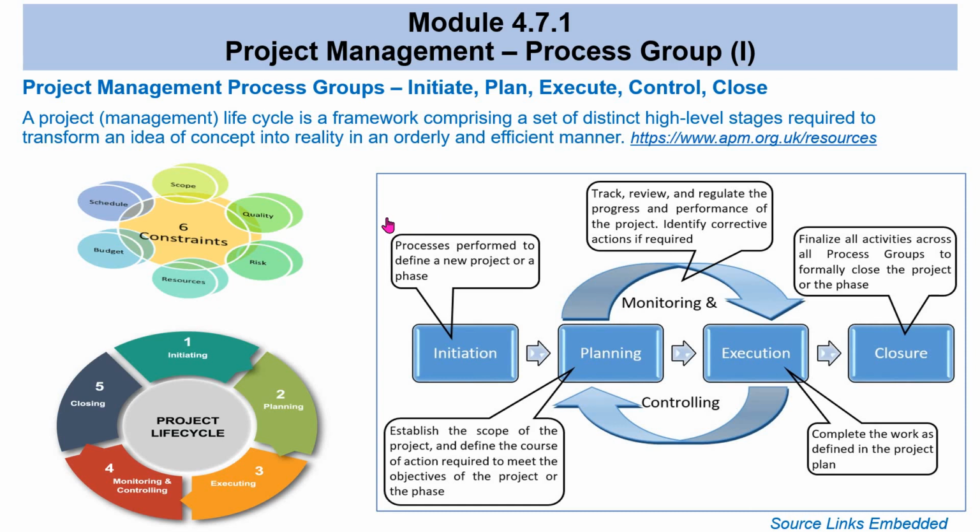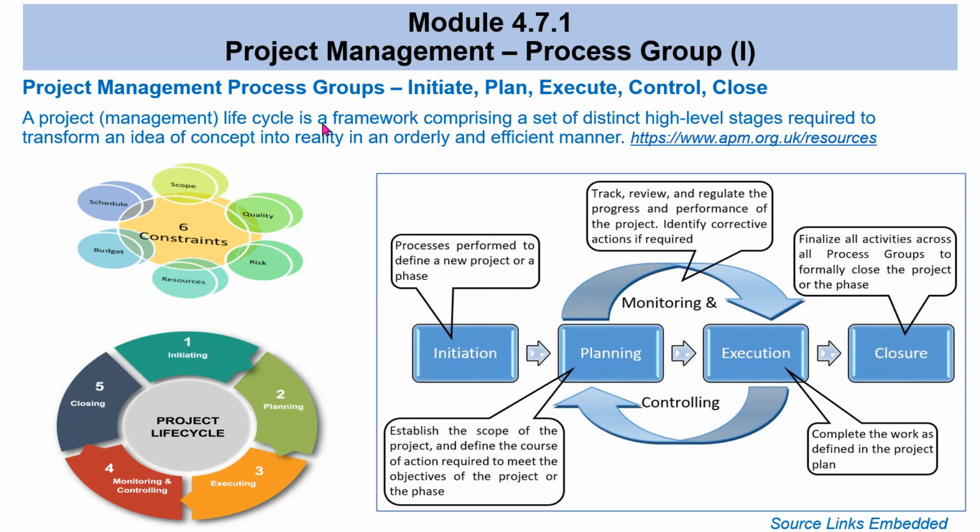So basically, when you are going to execute a project, you follow through a number of phases: the initiate, the plan, the execute, the control, and the close. This is more about the work, not so much about the people, but yet the people are part of it.